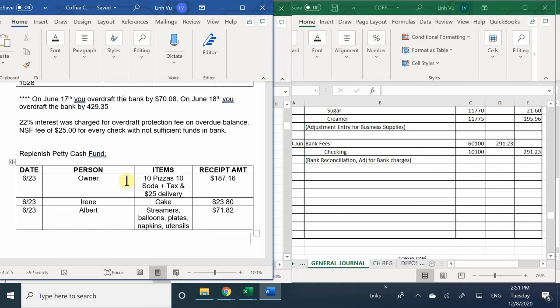Then Miss Irene Jameson bought a cake for the party, which cost $23.80. Lastly, Mr. Albert Allen decided to buy some party supplies, such as streamers, balloons, paper plates, napkins, utensils, et cetera, and it came out to a total of $71.82. So, my job is to replenish the petty cash fund.